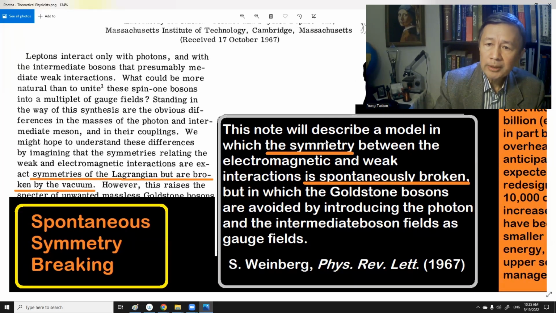This note will describe a model in which the symmetry between the electromagnetic and weak interactions is spontaneously broken, but in which the Goldstone bosons are avoided by introducing the photon and the intermediate boson fields as the gauge fields. So that is the outline of this very important paper, for which he got a Nobel Prize.